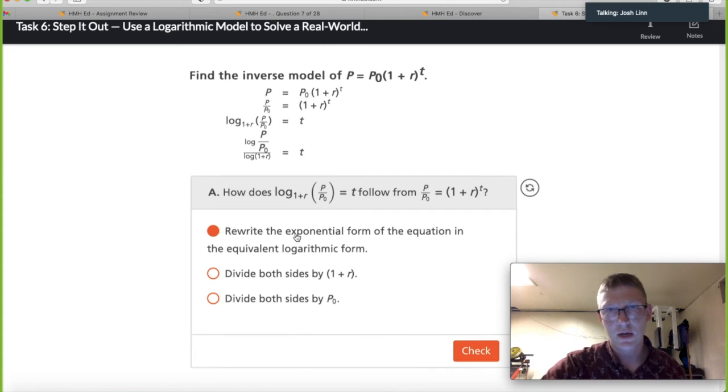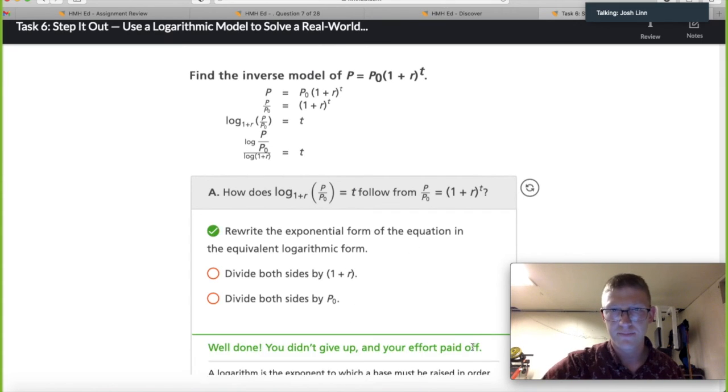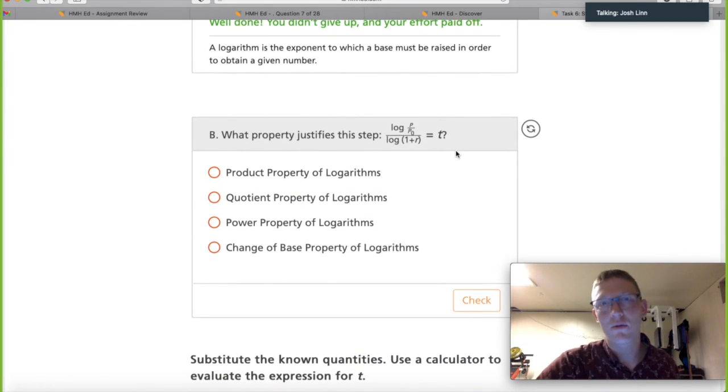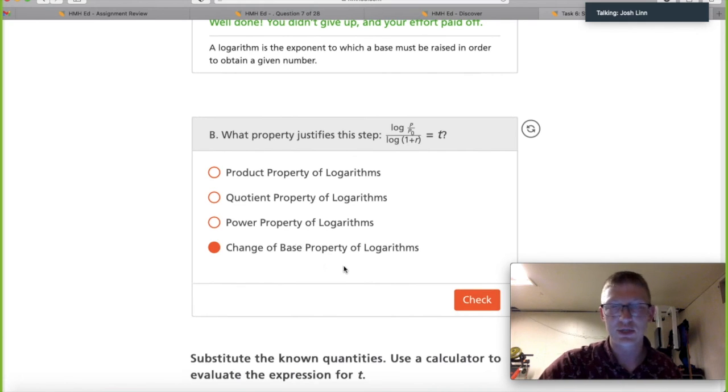Rewrite the exponential form of the equation in the equivalent logarithmic form, right? Yeah. Sorry. We had already done all of this, and now it's like, why are we going backwards? Anyway, so what property justifies this step? That's when we change bases. That's the change of base property of logarithms.